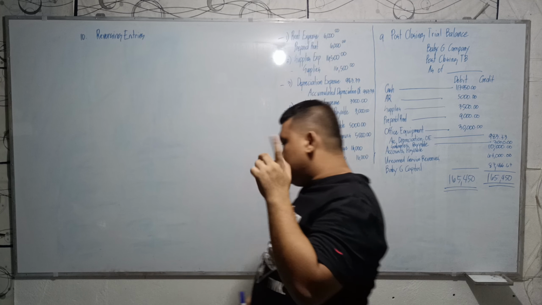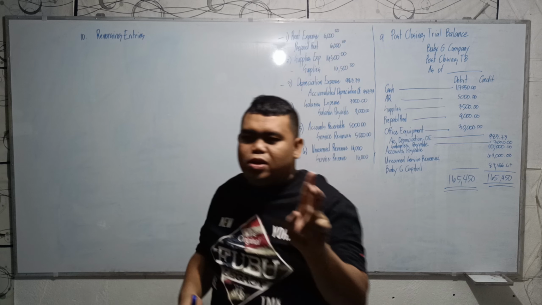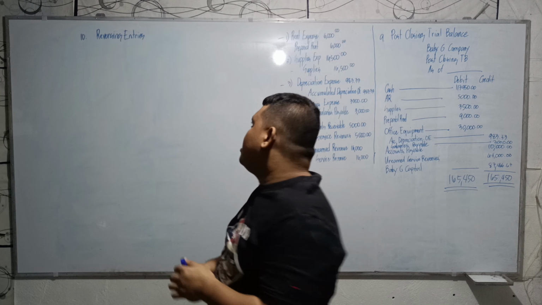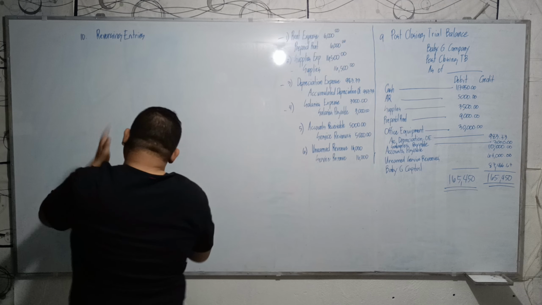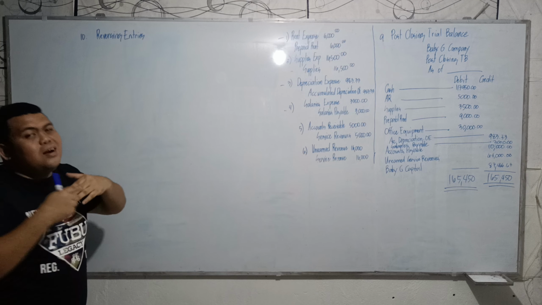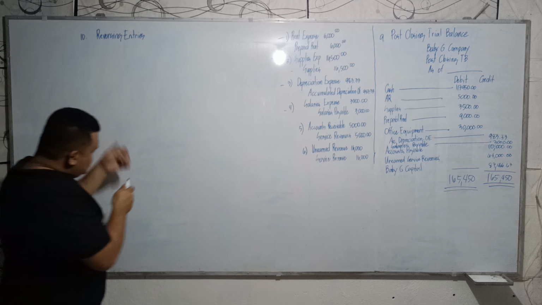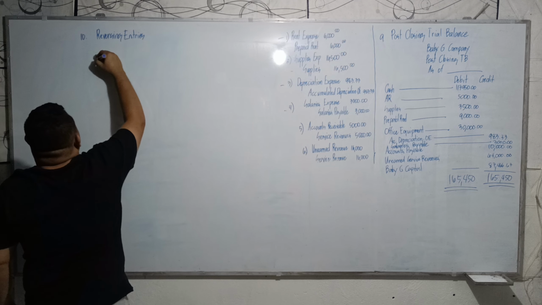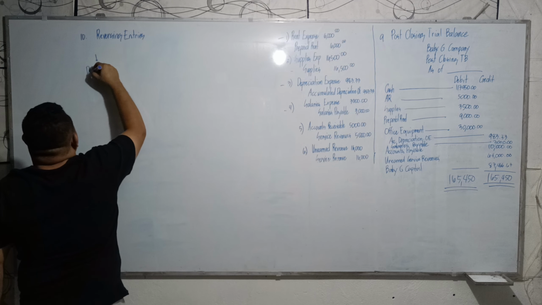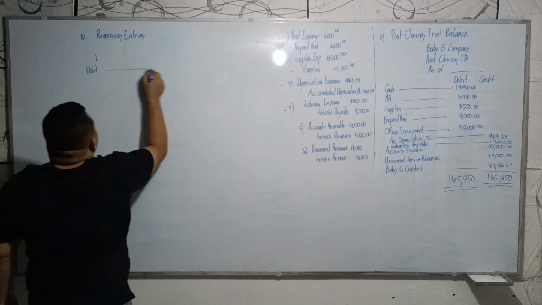So let's have the reversing entries. The first question we need to answer is, what is this? The simple explanation is that there are entries that you have to reverse. And how to reverse? If the entry to be reversed has a debit, you have to credit it.